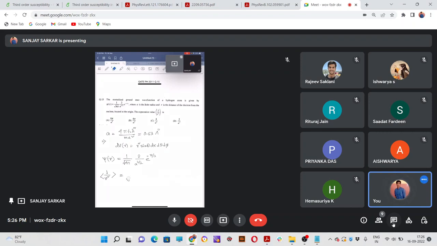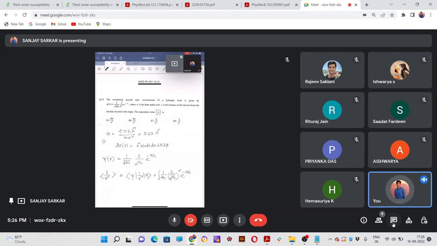So integration, what we need to calculate is psi star, 1 by r square, psi. So this is basically 1 over 4 pi, (2 by a) cube, and e to the power minus 2r by a.